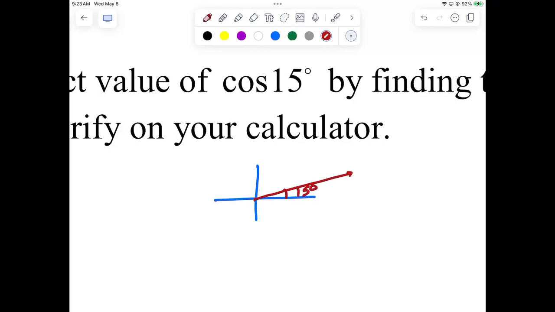So we don't have it memorized by heart, but here's where the composite identity comes in. If I can find two angles from the unit circle that I did memorize, and they add up or subtract to give me 15, then I can use the composite identity to find the exact value using the values that I already have memorized.